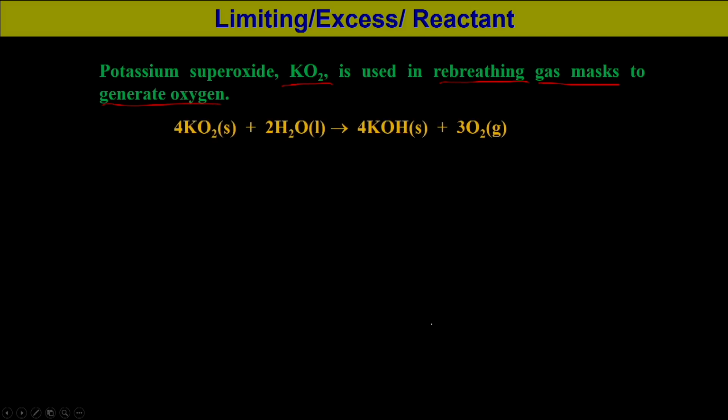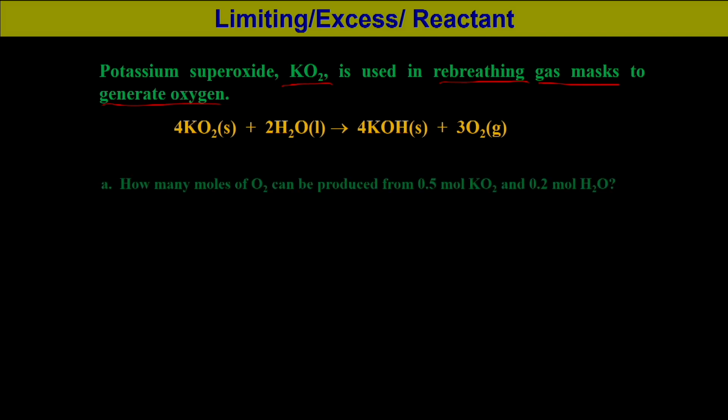In the reaction, 4 moles of KO2 react with 2 moles of liquid water and form 4 moles of solid KOH and 3 moles of oxygen. So, this potassium superoxide forms oxygen, and the mask is used as an oxygen generator.